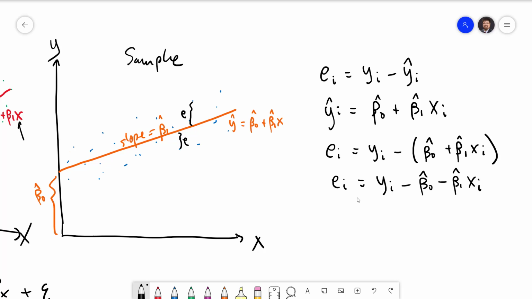Looking at this on the graph, suppose that we had x_i right here. The corresponding y_i would be the height of that corresponding blue dot, and then y_i hat would be the corresponding height of the prediction at that point.